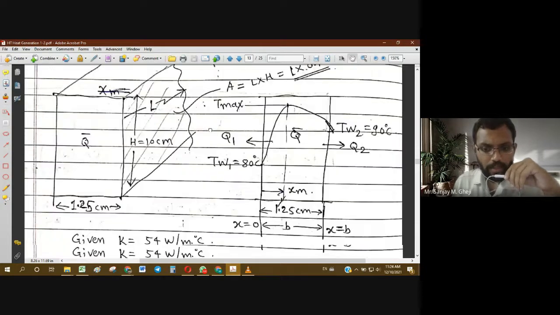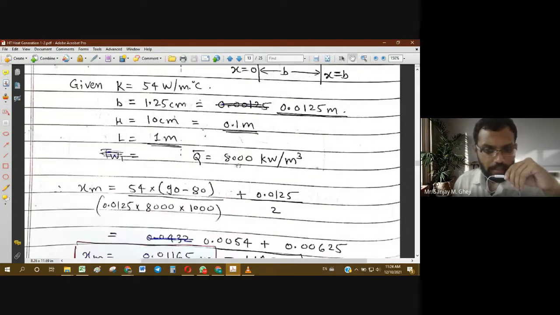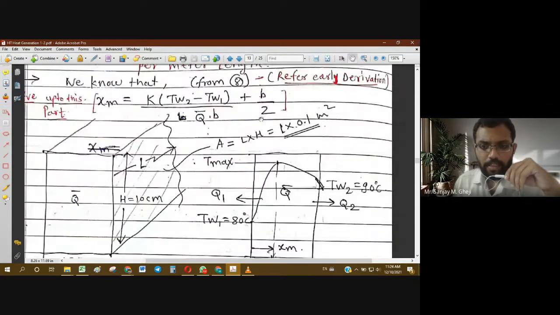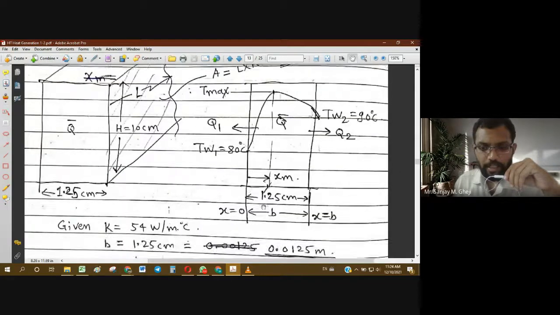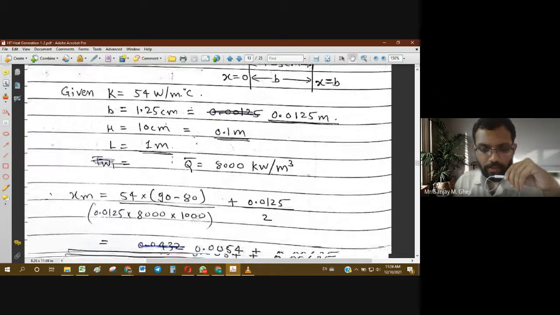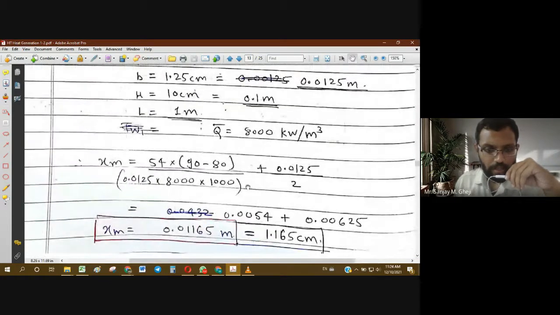Q bar is given as 8000 kilowatt per meter cube, so multiply here by 1000 so it will be watt per meter cube, plus the last term is B by 2, thickness B is 0.0125 meter divided by 2. When you substitute all the values and calculate properly, you get xm equal to 0.01165 meter.